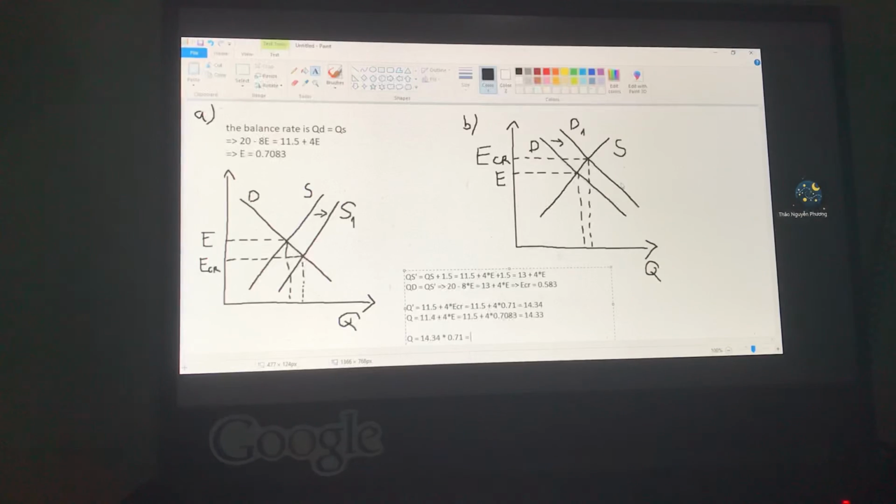Can you make the calculation by yourself so we have the result? Next line. 14.32 multiplied by 0.71 is equal to 10.1672.